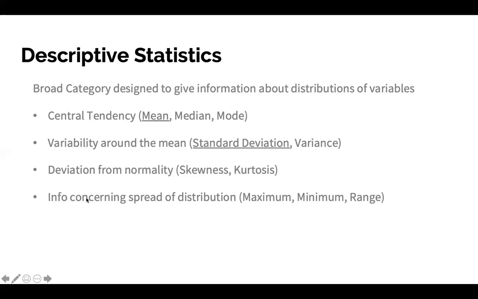So deviation from normality, we have to remember when we calculate inferential statistics, where we're looking for differences between groups and relationships between variables, that in order to run statistics, the data has to be normalized, has to have a sense of normality in terms of a central tendency, that the bell curve is more normal and not skewed one way or the other, or the bell curve is not flat or peaked.